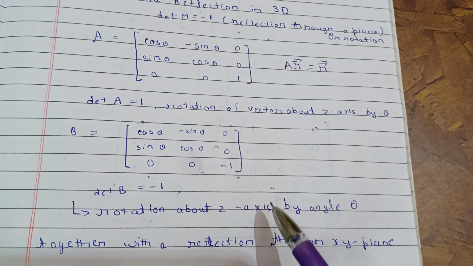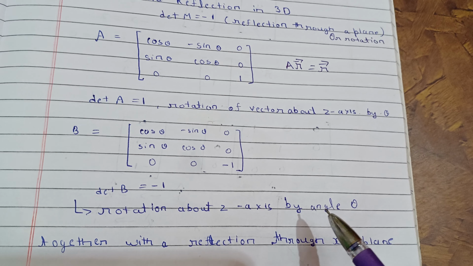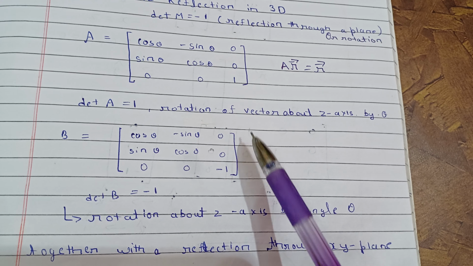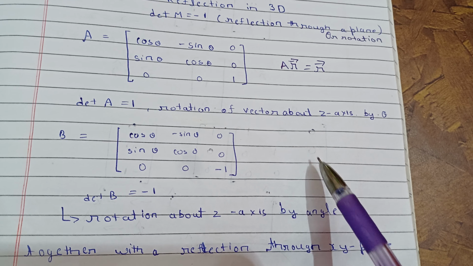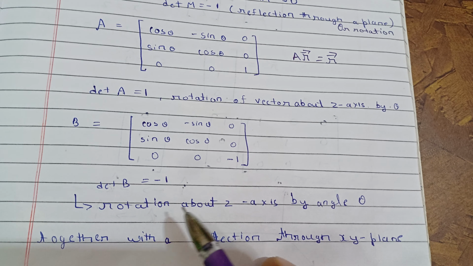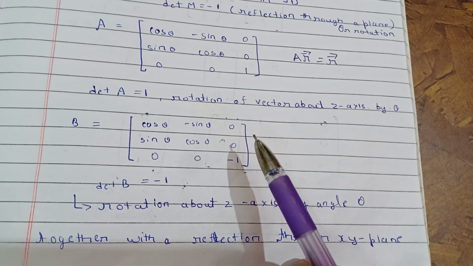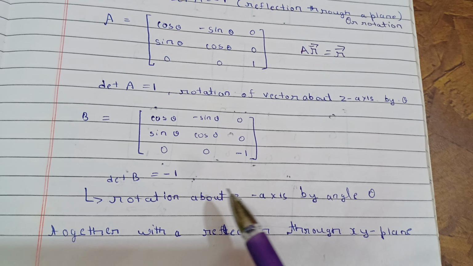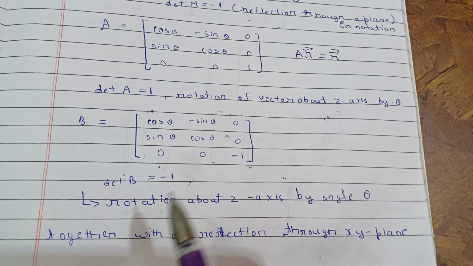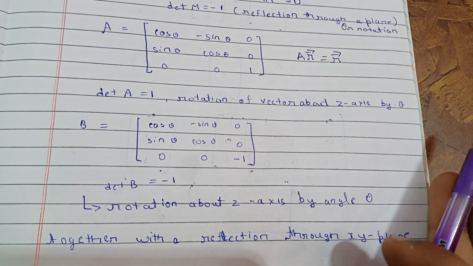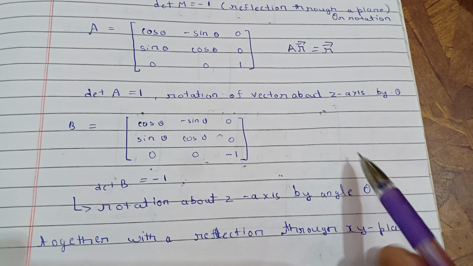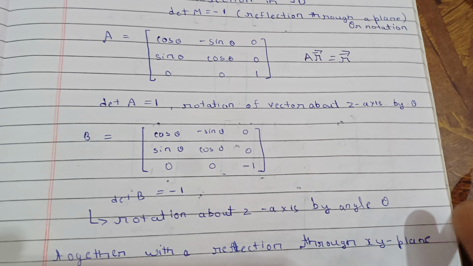But here we will say that reflection is involved and rotation is involved. What happens if you give here 0 0 1, then you will get 0 0 minus 1, meaning reflection is also involved and rotation is along the z axis by angle theta. So that's how you can verify that when the determinant is -1, then reflection and rotation both are involved. So here the condition will be Ar = -r for this.